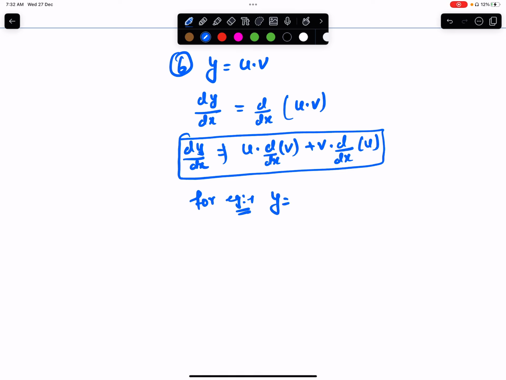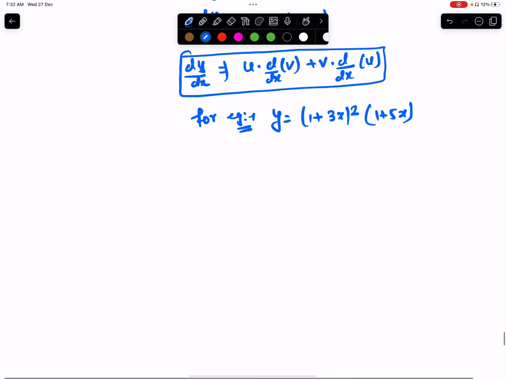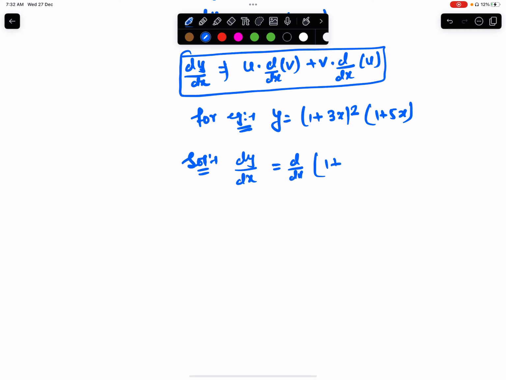Suppose we have y equals (1 plus 3x square) into (1 plus 5x). How will we solve that? dy by dx equals d by dx of (1 plus 3x square) into (1 plus 5x). Consider this as u and this as v. So we have to do u into d by dx of v.